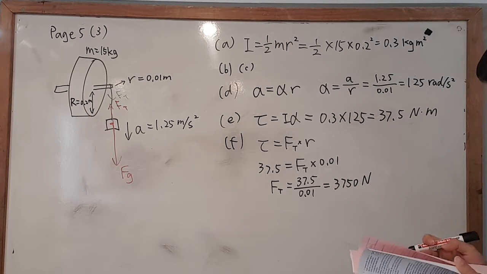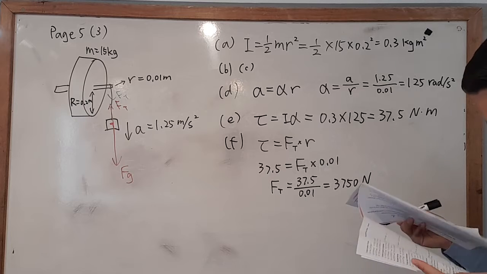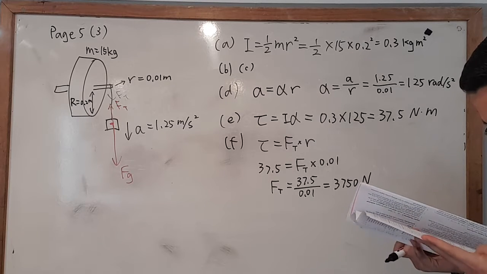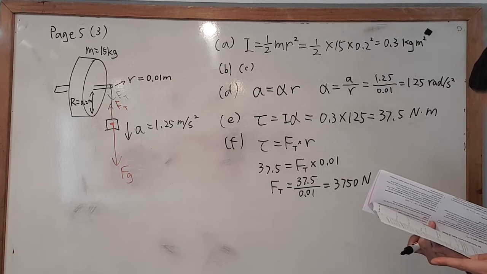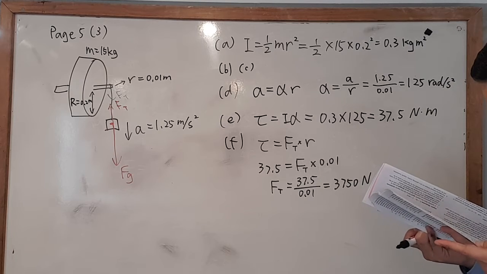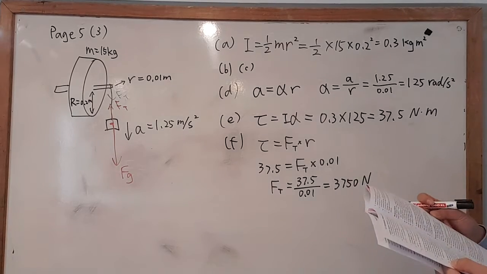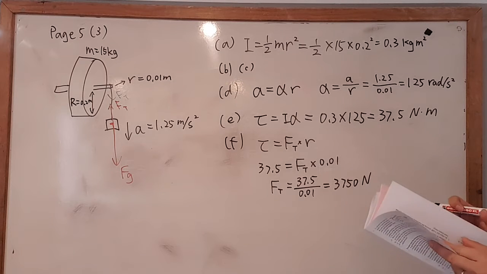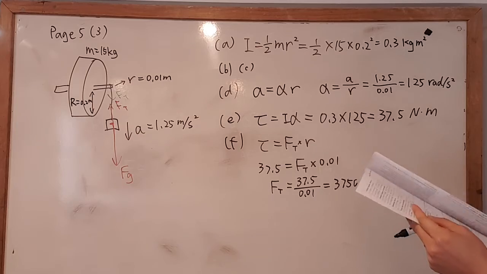Well, the number is quite big. I wonder if I calculated wrong somewhere. Let me just quickly check the torque and acceleration, question 3. Oh yeah, it's correct. It is a big number.